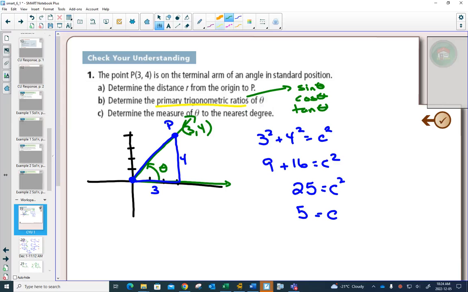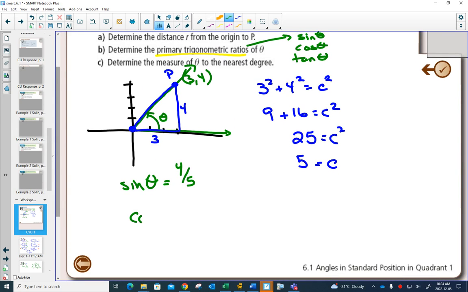And when they're asking for the ratios, they're just asking for the definition. Sine is what over what? Sine is opposite over hypotenuse. It would be 4/5. Cos, adjacent over hypotenuse, 3/5. And tan, opposite over adjacent, 4/3.